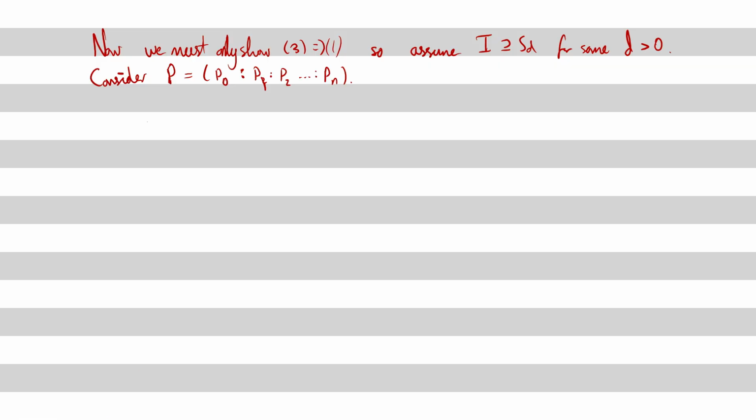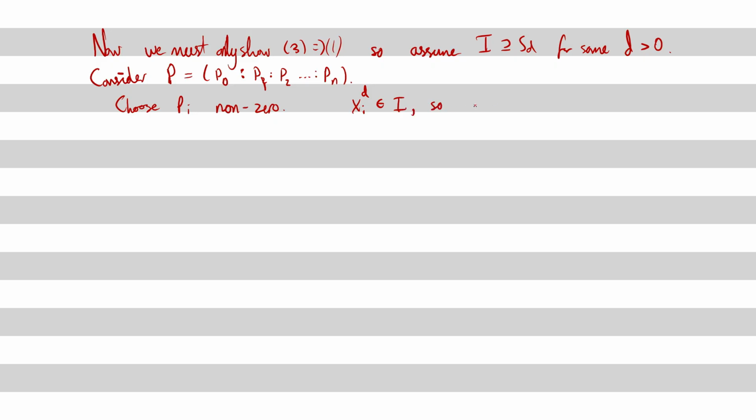Now, because we are working in homogeneous coordinates, at least one of our pi's is non-zero. So, choose some pi non-zero. xi to d is within our ideal.